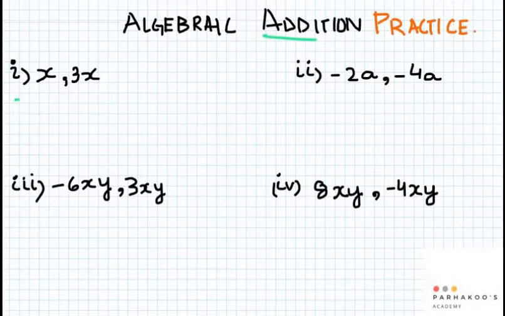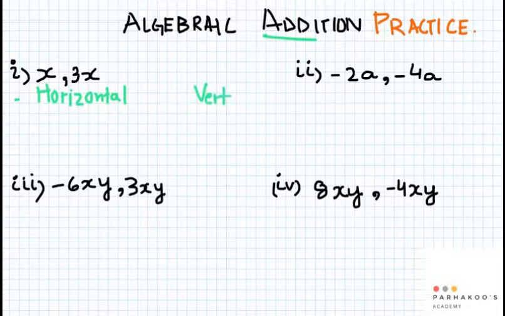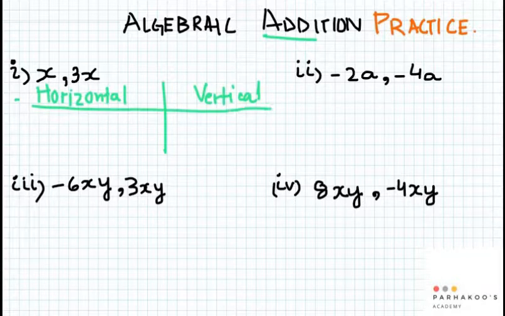So there could be two ways to do this. We have the horizontal method and another is the vertical method. So these are two ways that you can do it. The first one is you just write in one row x, and instead of this you put plus 3x, x plus 3x.